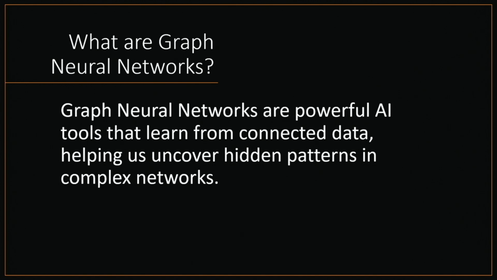It's pretty simple. They are a powerful machine learning tool to learn from connected data, which is a graph, and they help us uncover hidden patterns better than traditional neural networks.